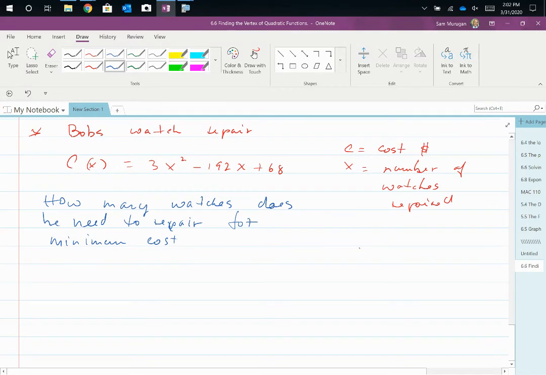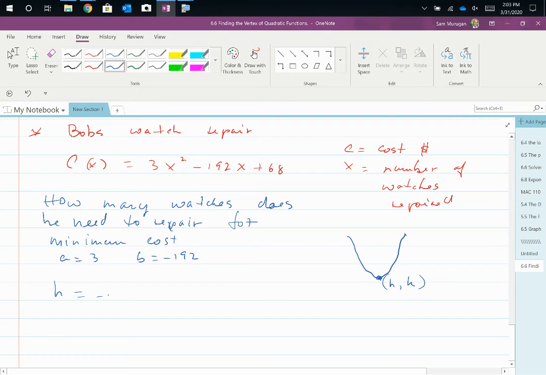So this graph is obviously turned that way because it's positive in front of x squared, and they want the k value here. That's the dollar amount. So a is 3 from our function and b is equal to negative 192.